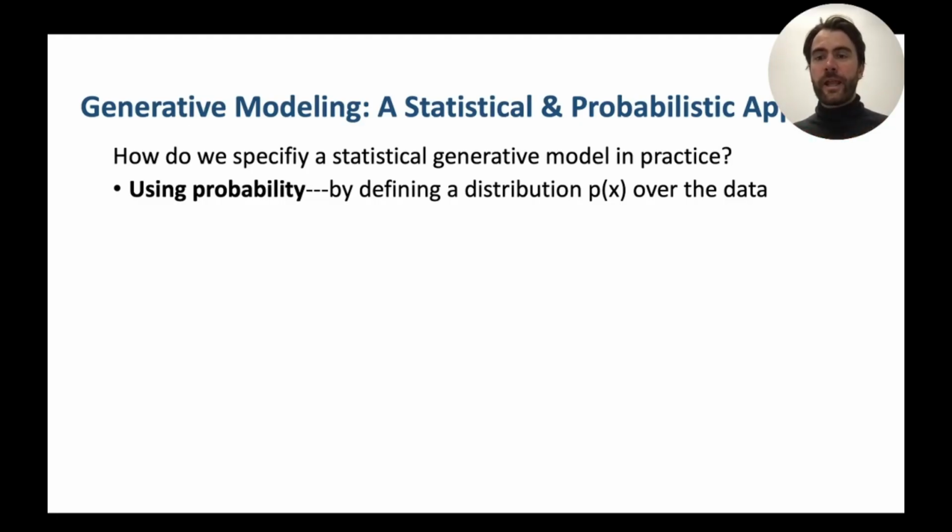We will define a probability distribution over all the kinds of objects that we would like to generate, for example, over all the possible images, and then we will generate by drawing samples from that distribution. And if the distribution places mass at the correct parts of the high dimensional space, if it places mass over things which look like images, then by drawing samples, we will generate new images.